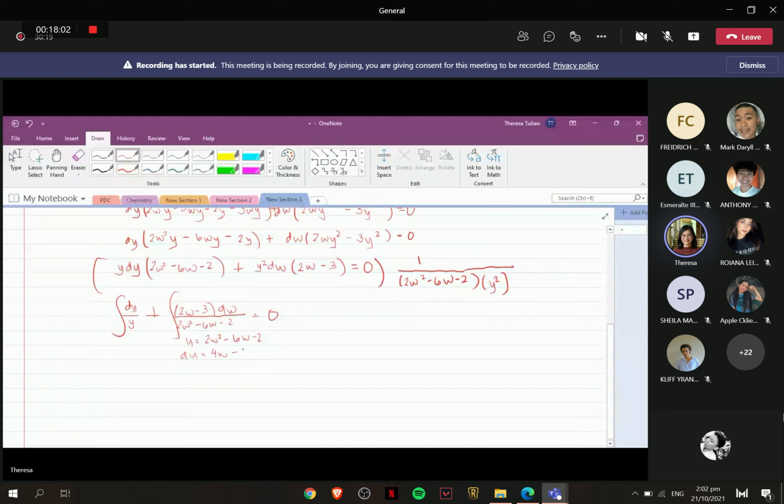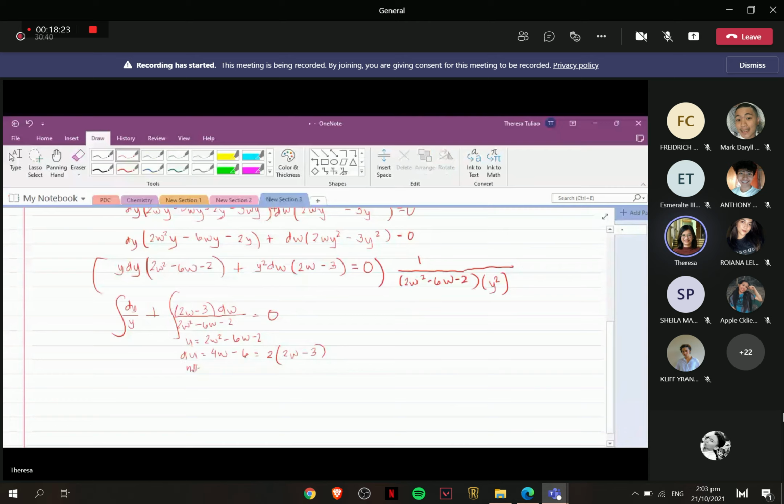So, pwede tayong magkaroon ng, this is actually 2 times of that factor in the numerator, which is 2w minus 3. So, pwede tayong maglagay ng factor na 1/2, no? Mamaya dun sa integral nito. Okay?